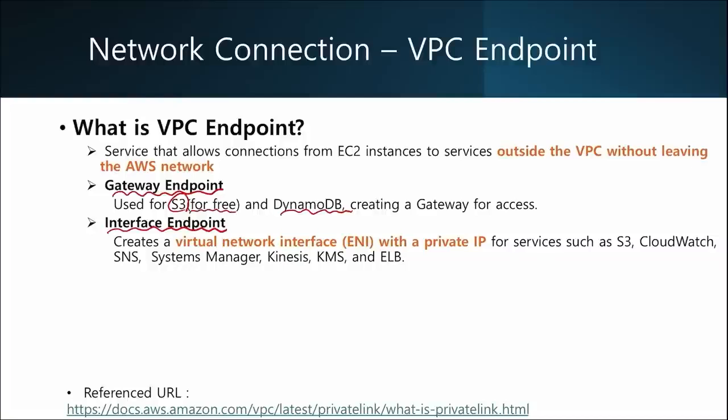And in the case of interface endpoints, we use a format that attaches a private IP to the ENI we learned about earlier. Services that can be used in this way include S3, CloudWatch, SNS, System Manager, Kinesis, KMS, and ELB. I will explain the gateway endpoint and interface endpoint architecture in more detail later.